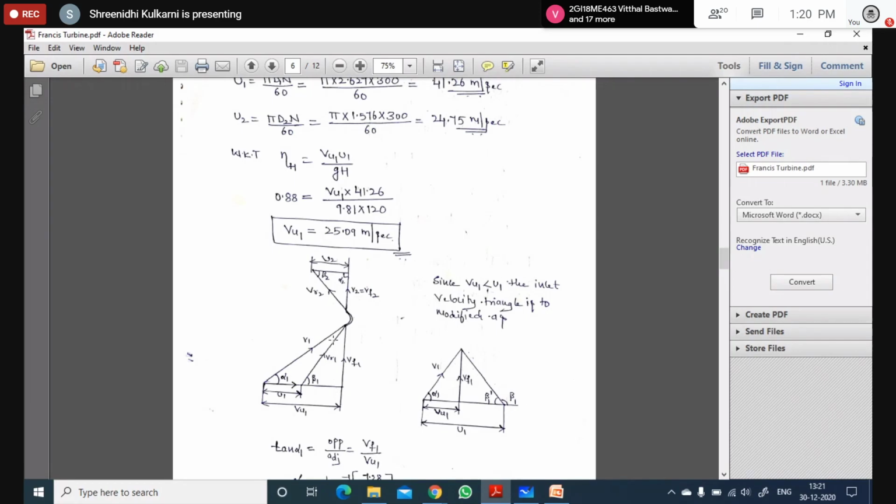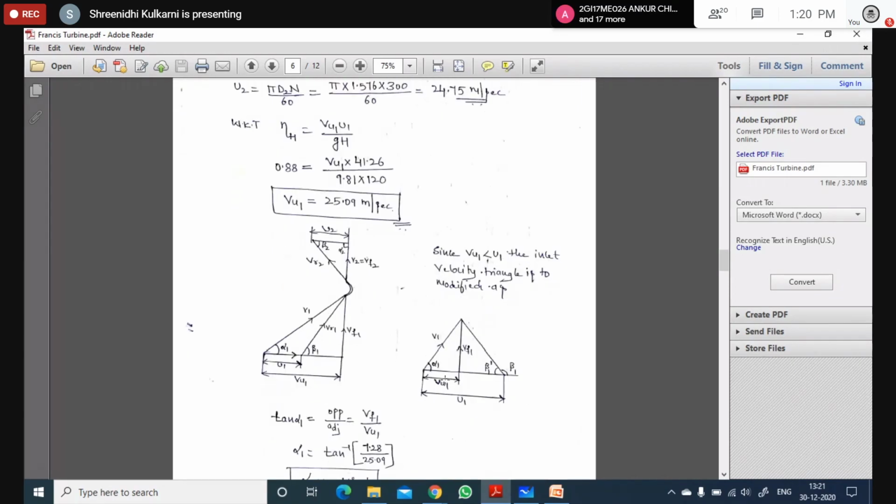Do you have any doubt here? So how can we modify the velocity triangle? Do you have any doubt? No, sir.